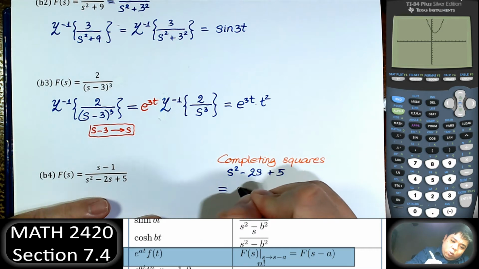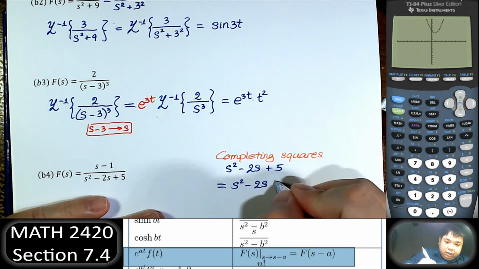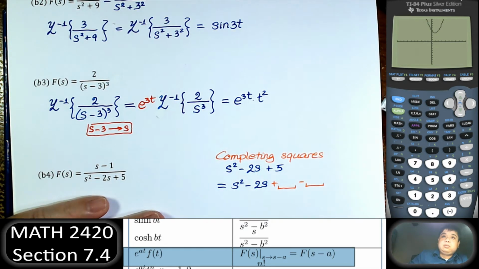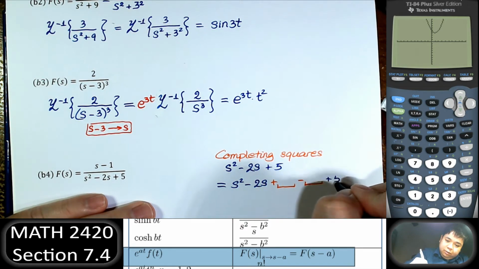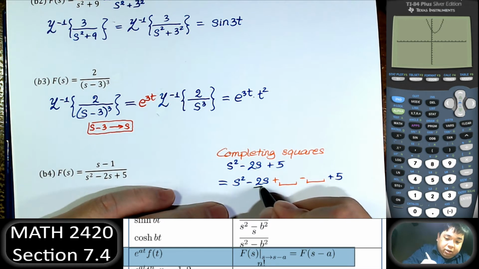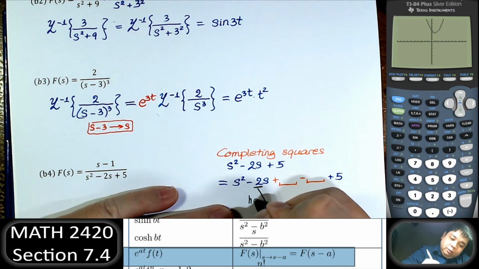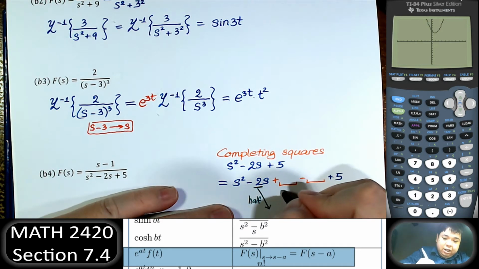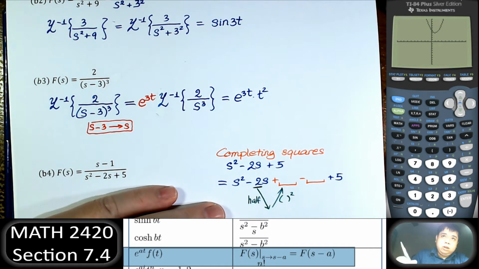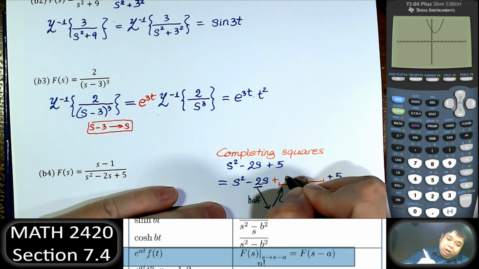To complete the square, we will need to add something and subtract the same thing to make a square. Whatever that something is, it's going to be half of the middle number, squared. So half of 2 is 1, 1 squared is 1.